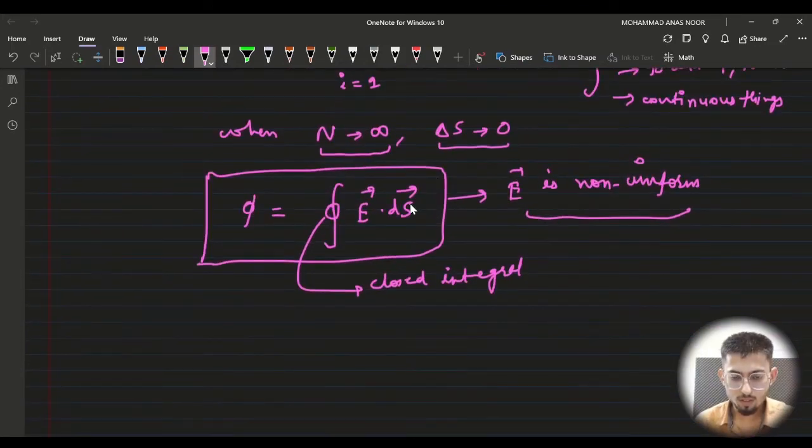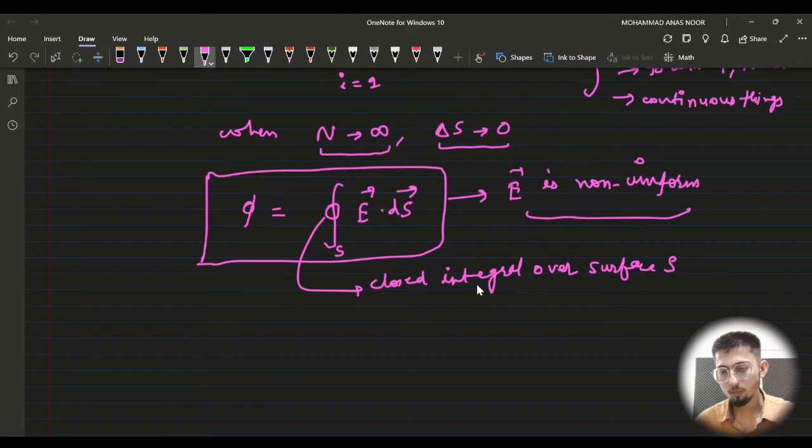That means the closed integral over the surface S. This is how we will calculate.